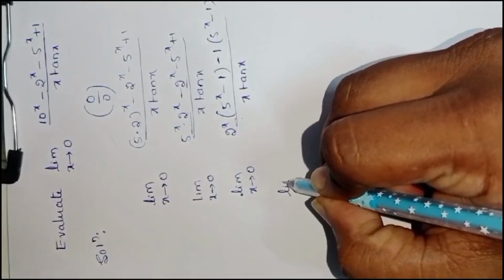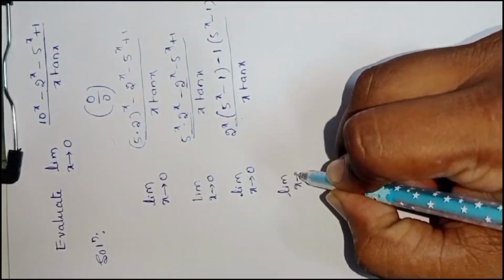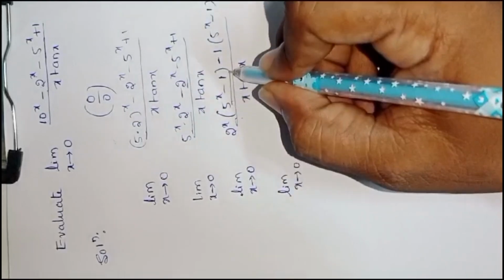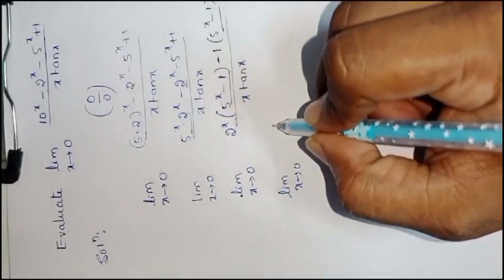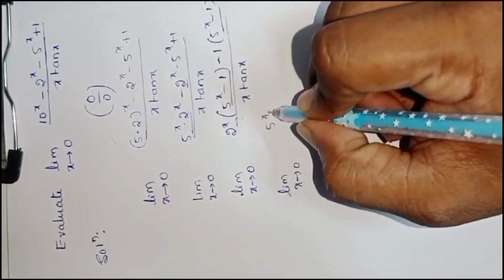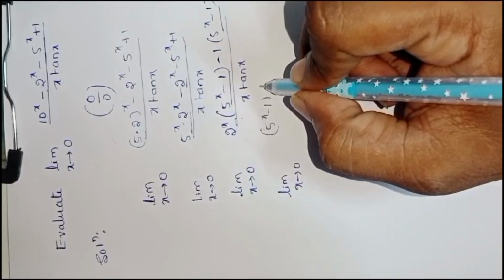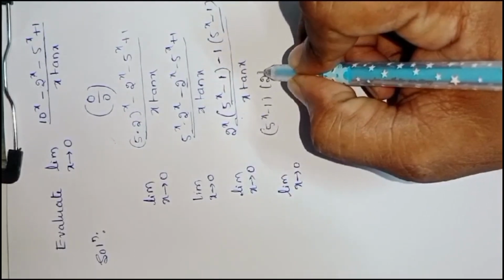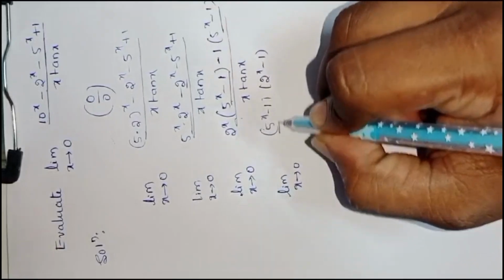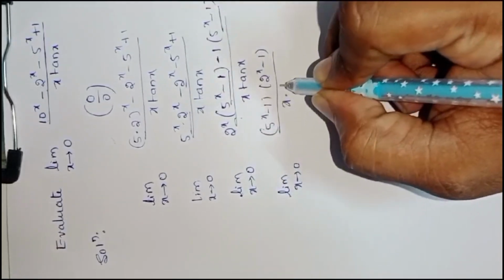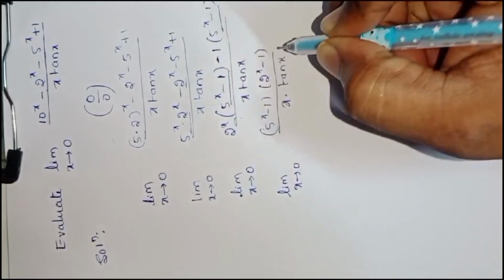Again, take 5 raised to x minus 1 as common, so here it becomes 2 raised to x minus 1, divided by x into tan x.